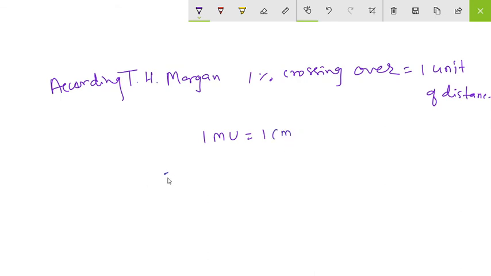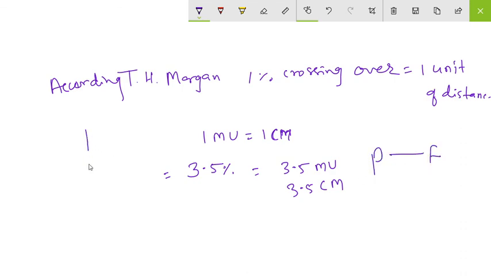So here in this test cross, what is the percentage of crossing over? That is 3.5%. That means the distance is 3.5 Morgan unit, or 3.5 centimorgan. This cM is not centimeter, it is centimorgan. We can draw it like this: on the chromosome, the purple is present and the full is present.